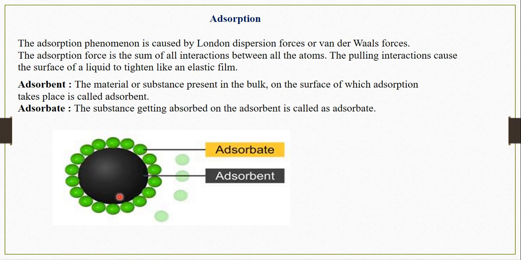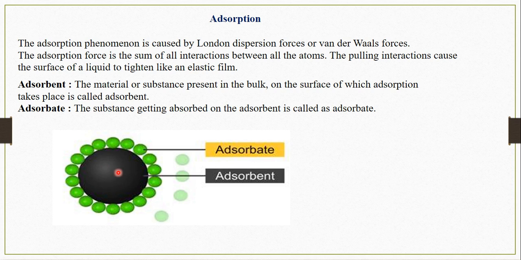In the figure you can see the green color is the adsorbate and the black color is the adsorbent. What is the difference between adsorbent and adsorbate? The adsorbent is the material or substance present in the bulk, on the surface of which adsorption takes place.